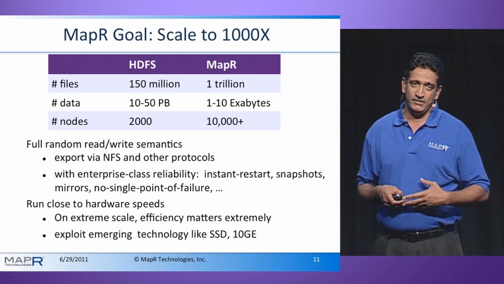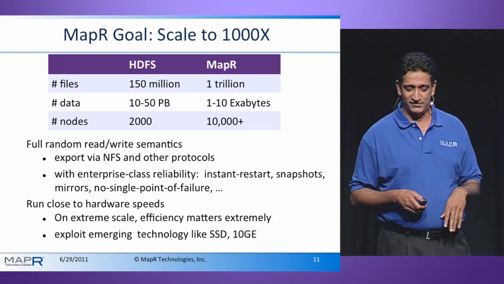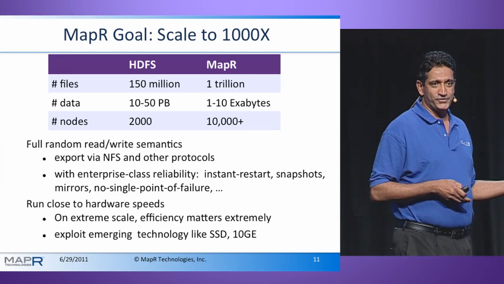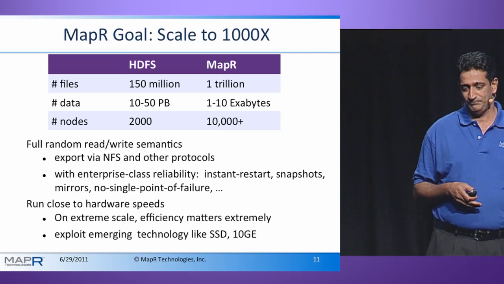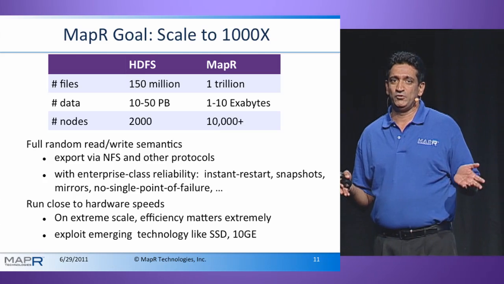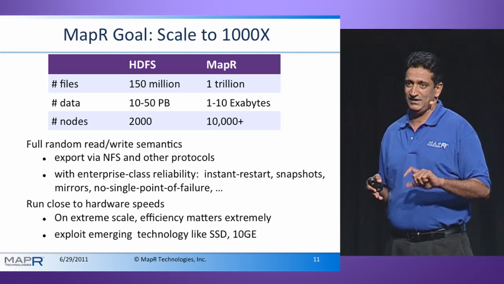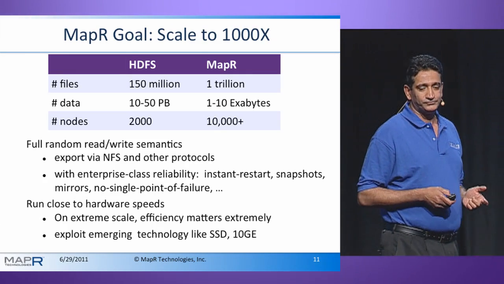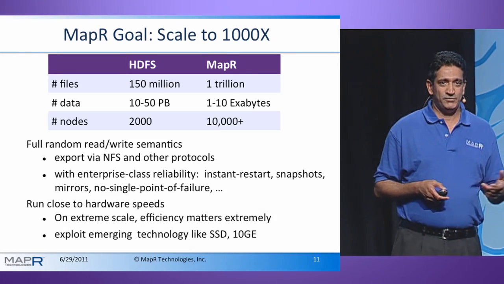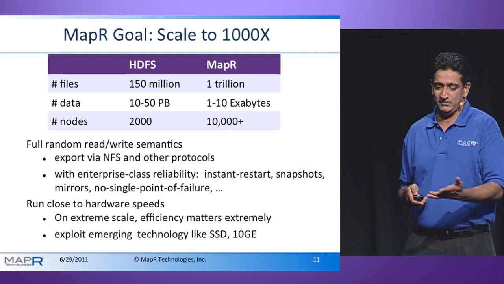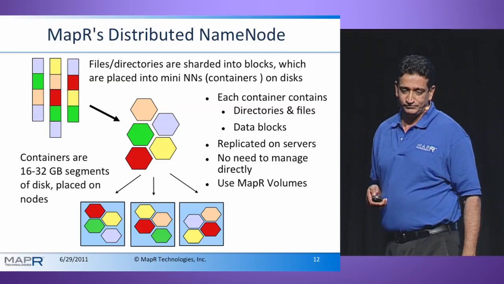Add enterprise class reliability with snapshots, mirrors, instant restart, and so on. And run it close to hardware speeds. That is, when you're running at really large scale, your efficiency matters even more, because any bad code is now magnified 1,000x. And we want to exploit emerging technology like SSD and 10 gig. And if you don't run close to hardware speeds, you're not going to be able to exploit it.